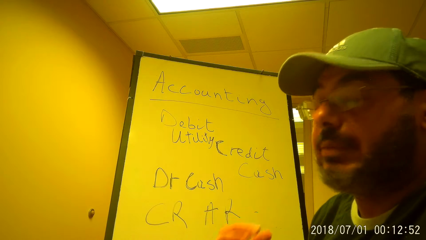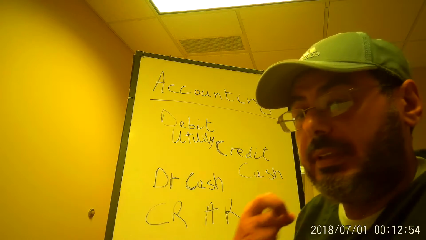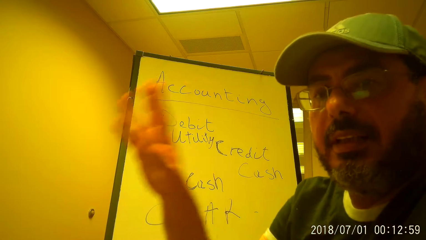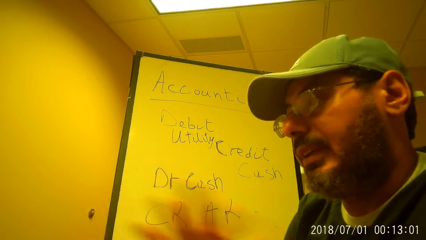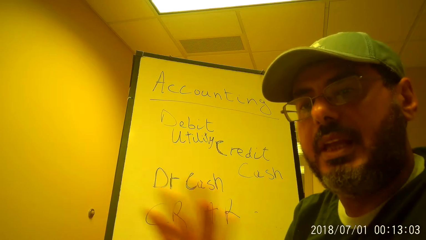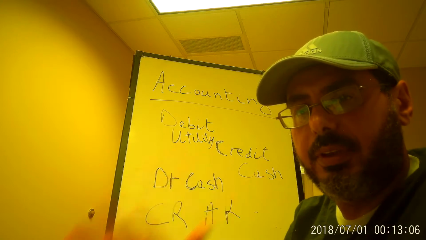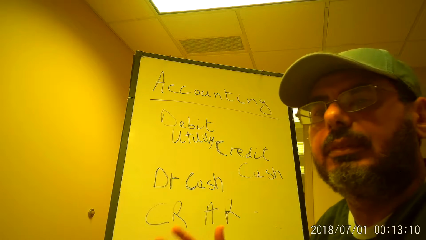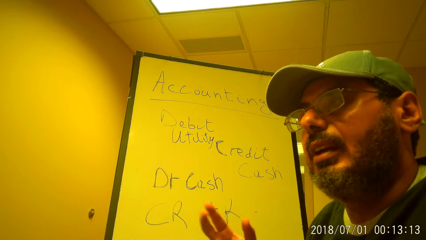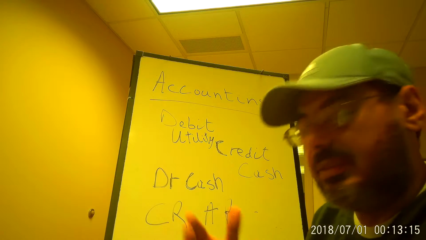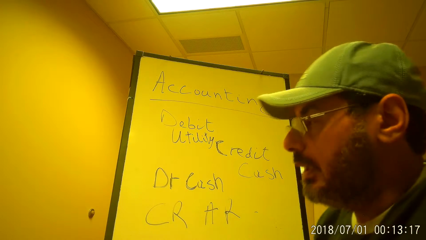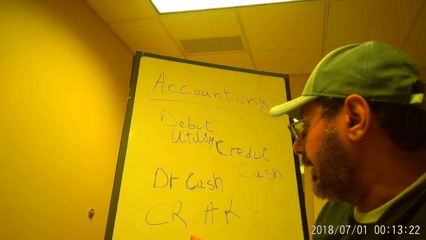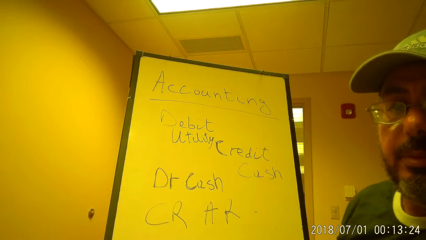So the money that comes in, when you record it, whether you're creating a cash receipt, whatever system you have, every system has certain ways of recording money coming in, we could call it undeposited funds or whatever the names. You're going to debit cash and credit receivable, account receivable, AR.